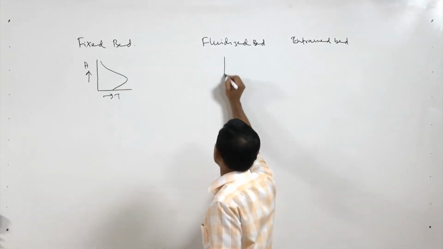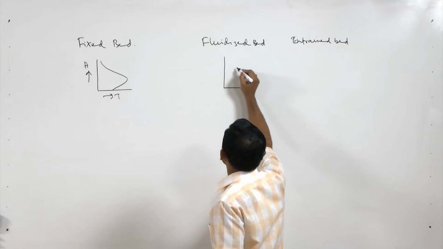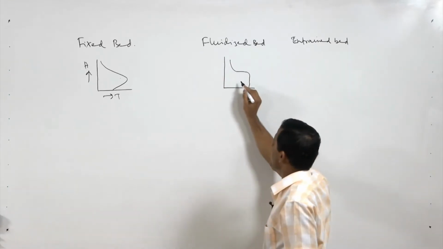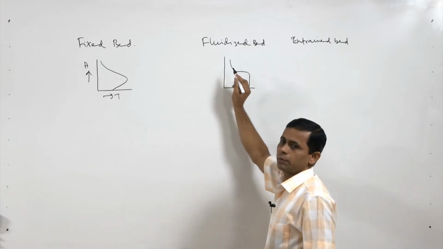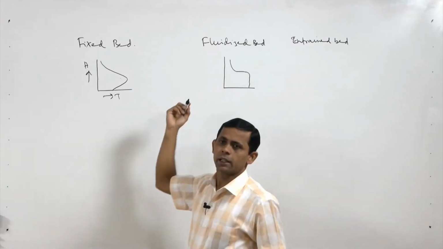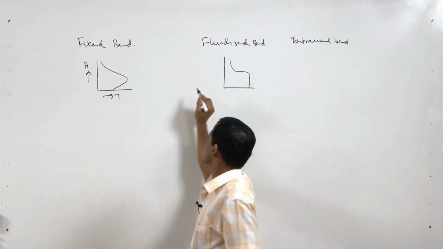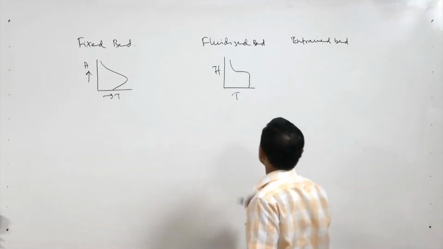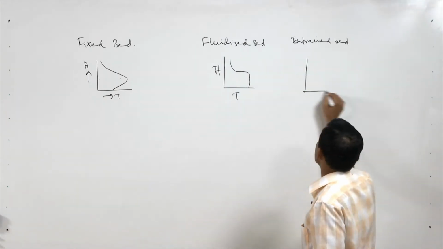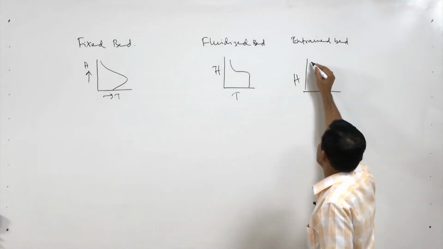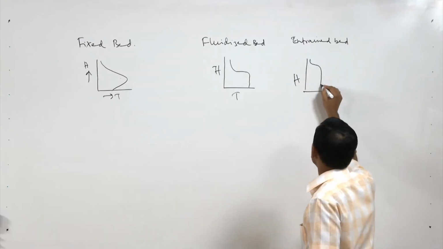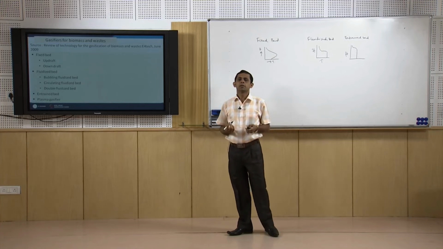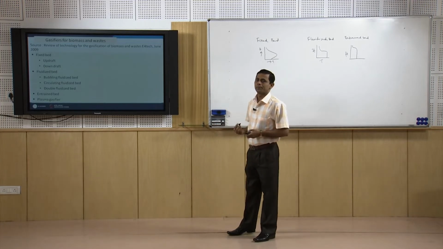For the fluidized bed, we had seen that the temperature is almost constant and very high up to a certain height of the gasifier, but above that the temperature is lower. And for the entrained bed, we had seen that along the height the temperature is very high. Now, we will be considering some more parameters for comparison.